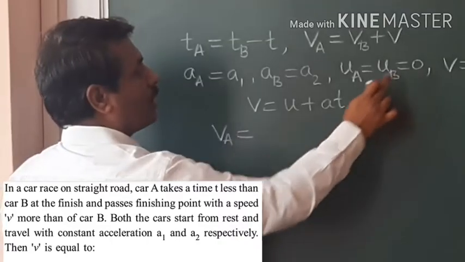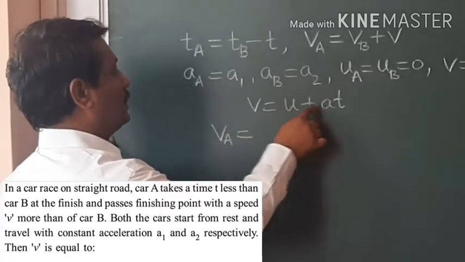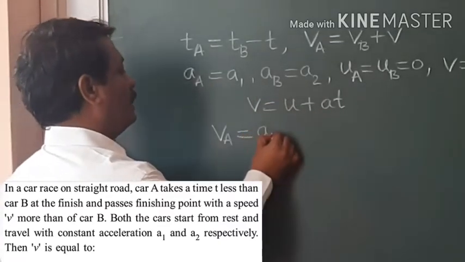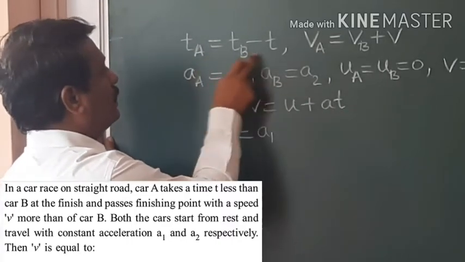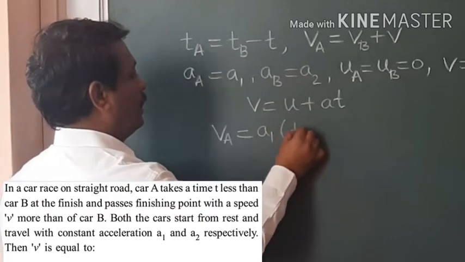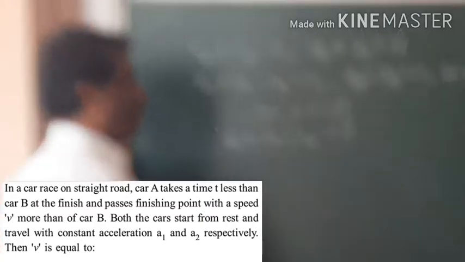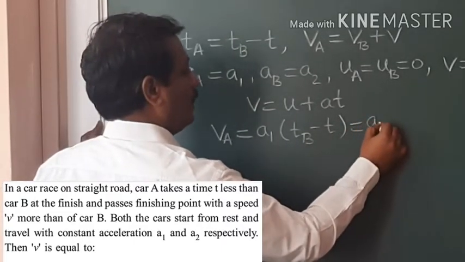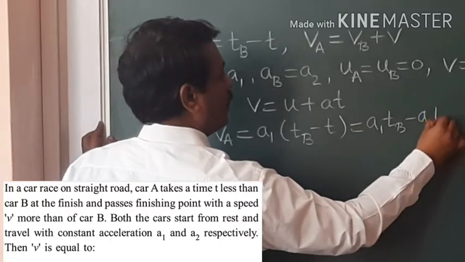Initial speed for car A is 0, therefore it becomes 0. Then acceleration for car A is A1, and the time taken by car A is TB minus T, or you can write it as A1 TB minus A1 T.